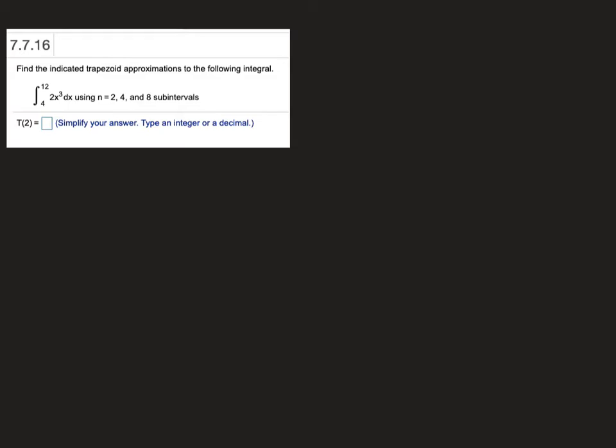well, here we have the function 2x cubed, so it's going to be a similar picture. And again, I'm going to exaggerate the scale as much as I can, integrating from 4 to 12.